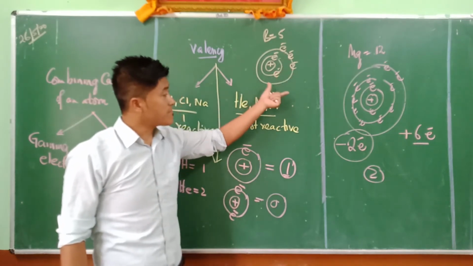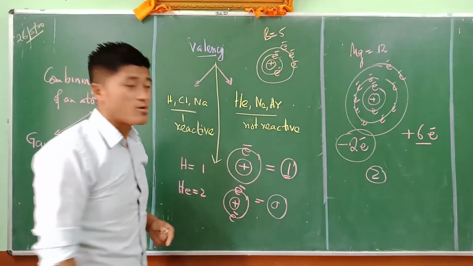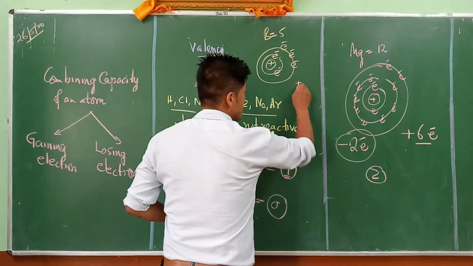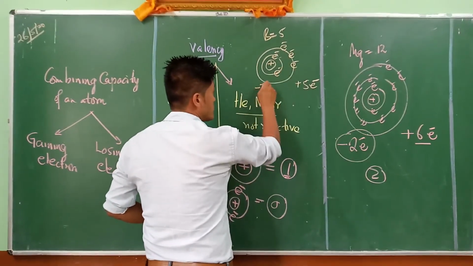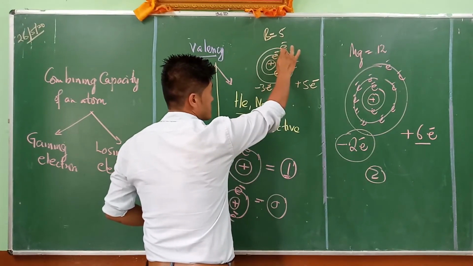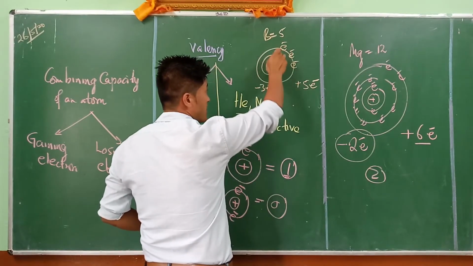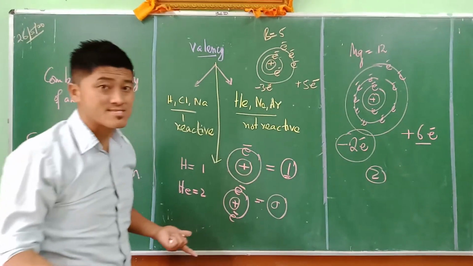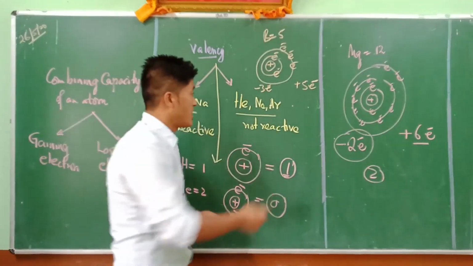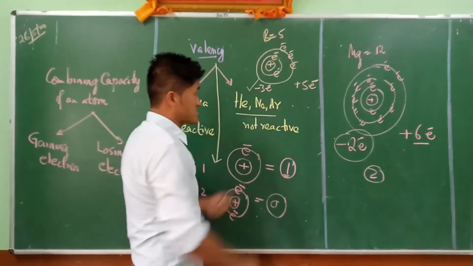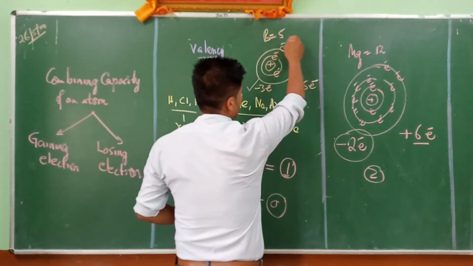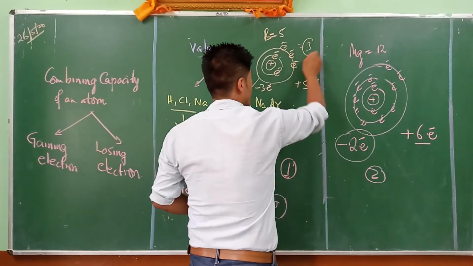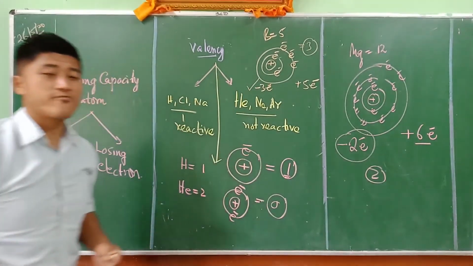So in order to become 8, there are 2 possibilities. Either it can gain 5 electrons, or it can remove these 3 electrons to make itself stable. If it removes these, this shell becomes blank, this is 2, and this is again a stable state. Which one are you going to choose? You are definitely going to go for this, because this is the easier task. So that is why the valency of boron is 3. This is how we are going to write the valency.